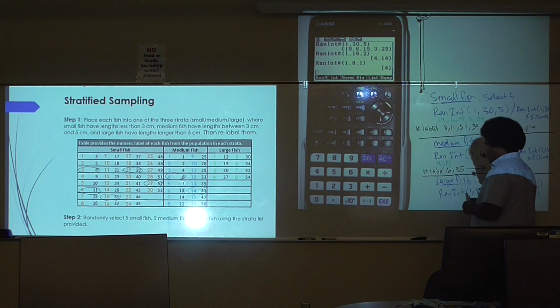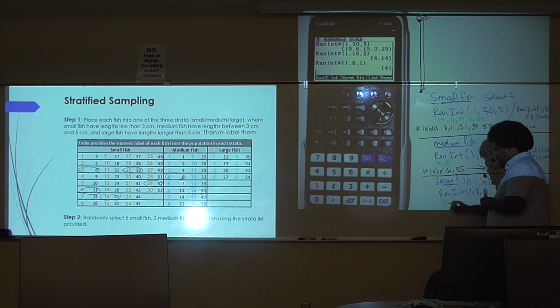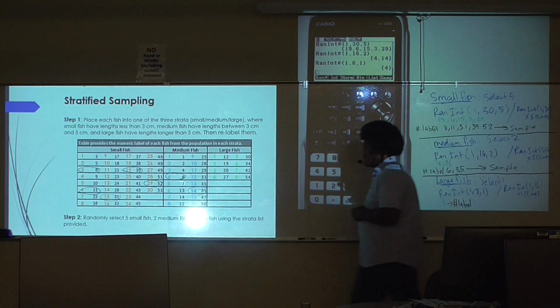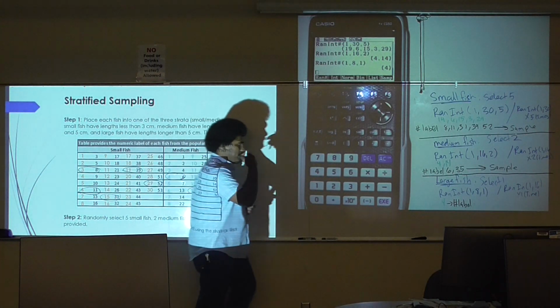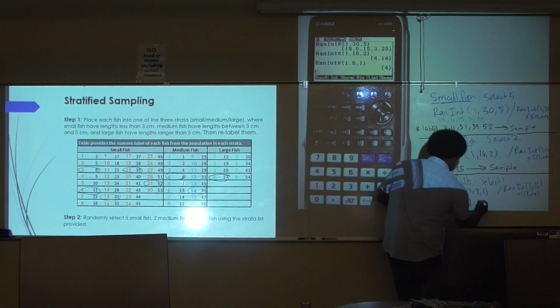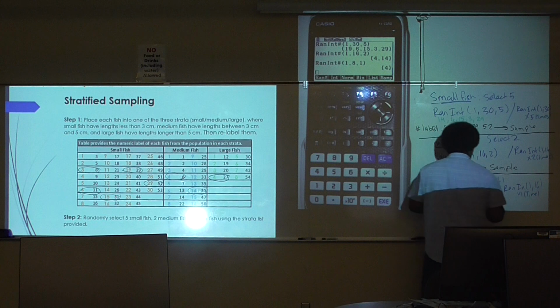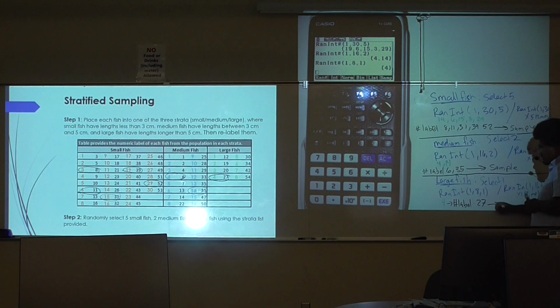Over here, I had 4, and that corresponds to the label that happens to be 27, right here. And that is going to go into my sample.